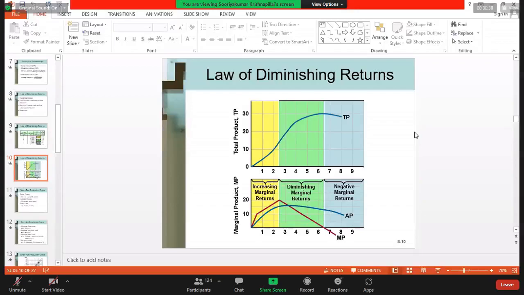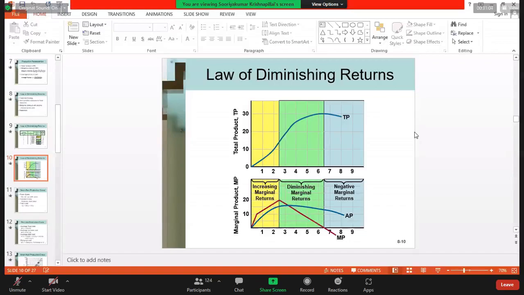After a certain point, each additional labor produces less and less. So to produce one additional output, we need more labor. So the total cost then increases at the increasing rate. It is the opposite of the total production.